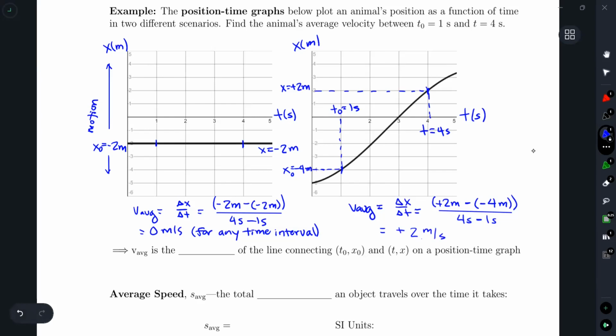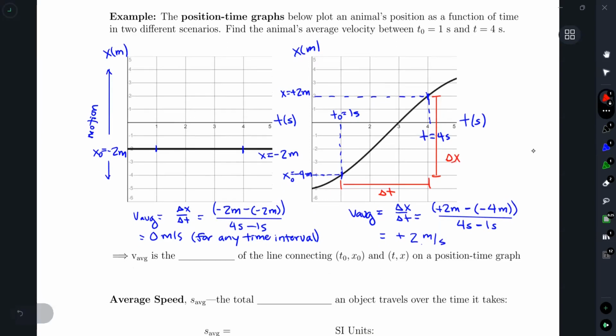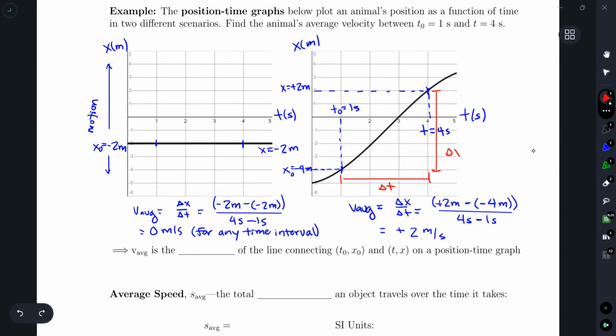You may notice that another way I could look at that is this is the time interval, delta t. This vertical change is my displacement, my change in position. And so my average velocity is the rise, the vertical, over the run, the time interval. So my average velocity is what on this graph?